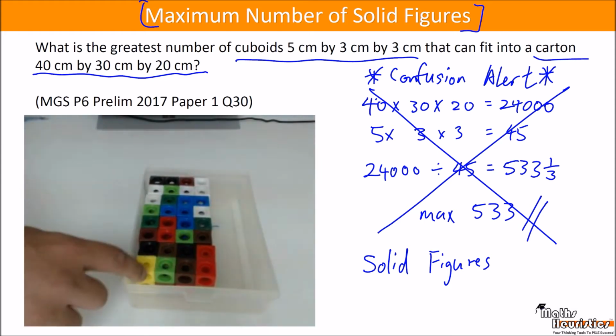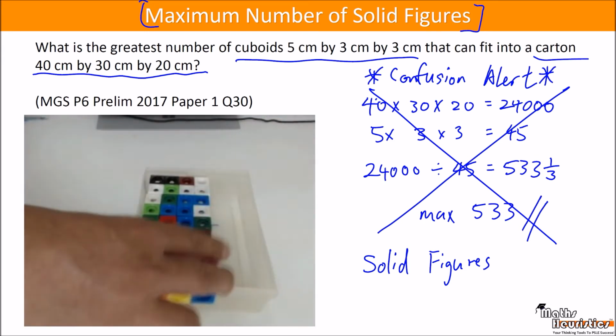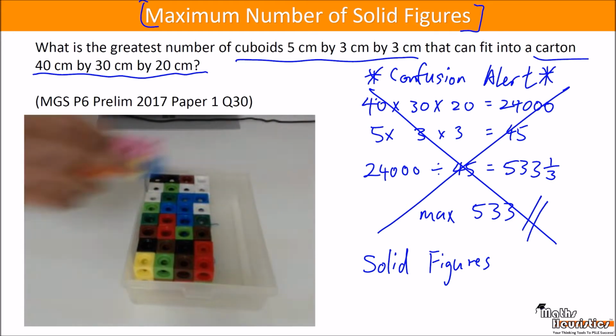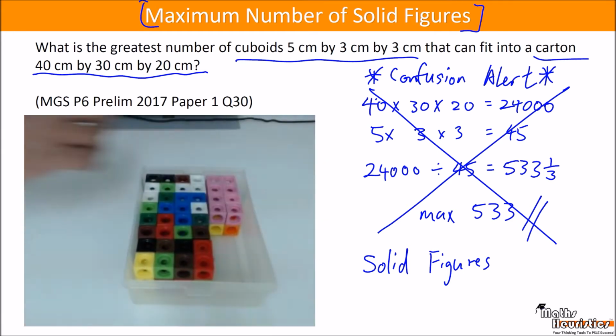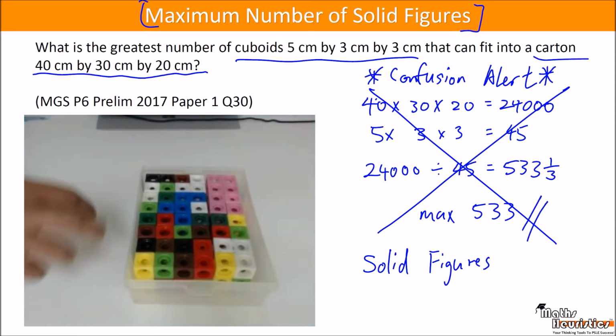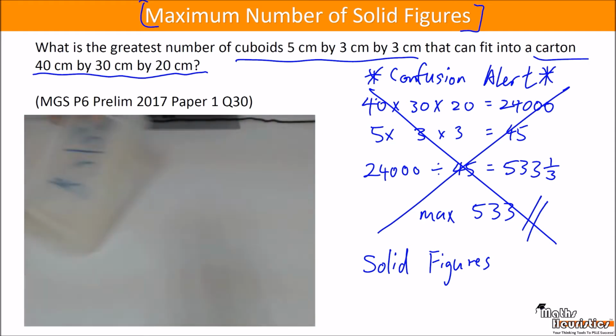So this part wise, I can fit 4, and I cannot fit in another one because the solid is too big and cannot fill up the gaps. But there is another gap here that I can consider, so I'll put that in like so. I can fit in 6 cuboids if I did it that way.